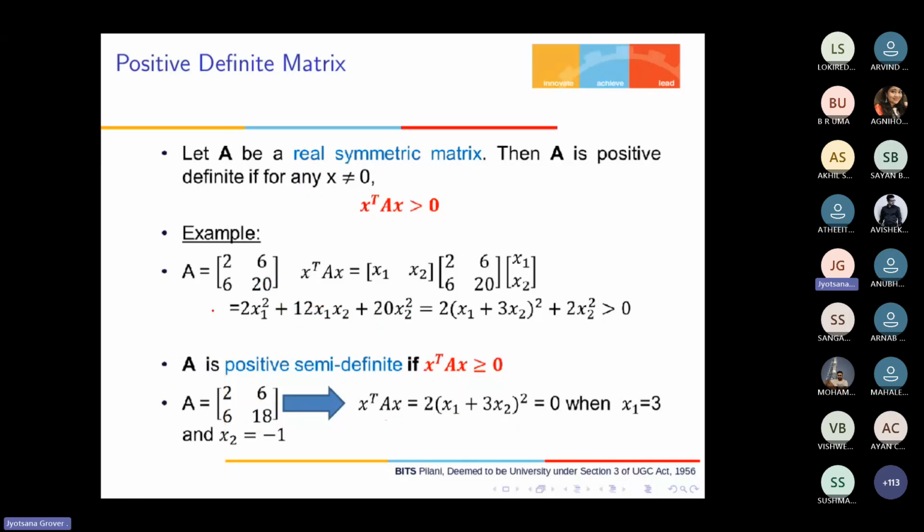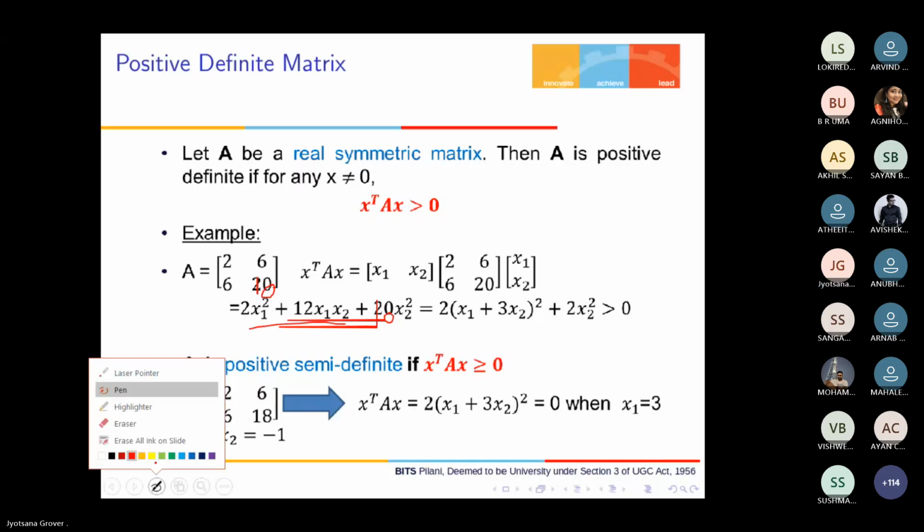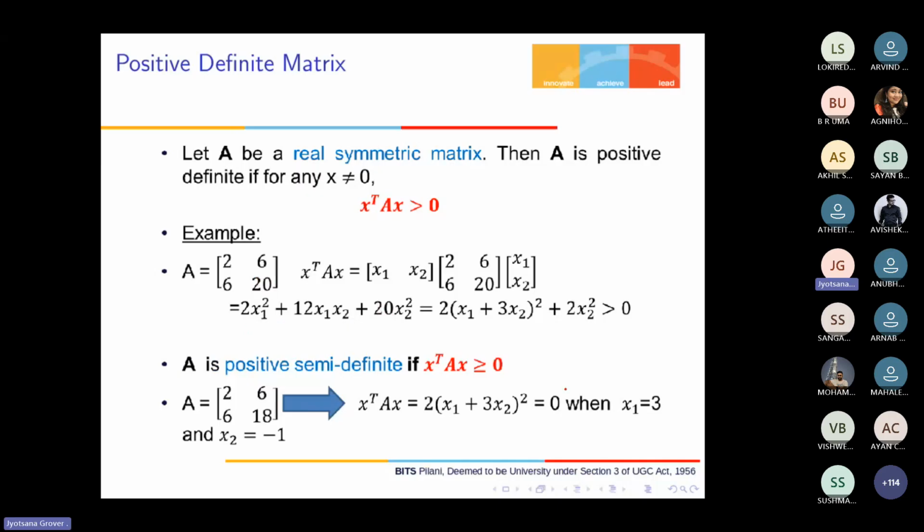Now, if you have 18x2 square, you'll take two common. When you take 2 common, you will get x1 square plus 6x1 x2 plus 9x2 square.